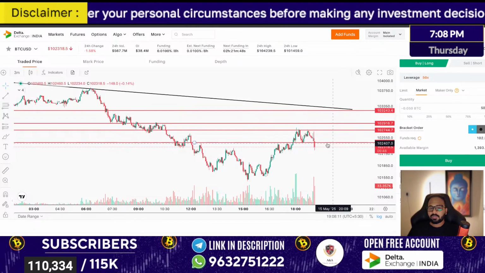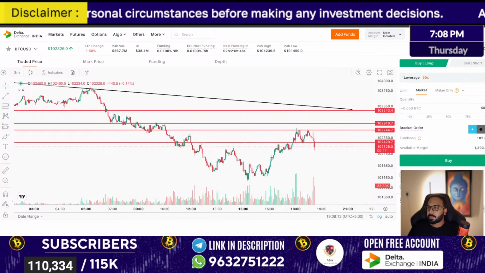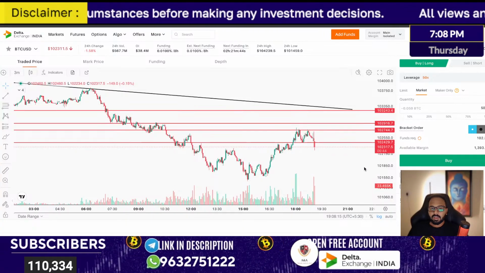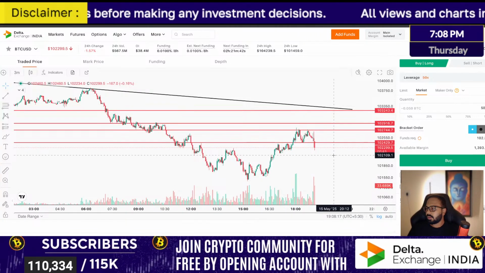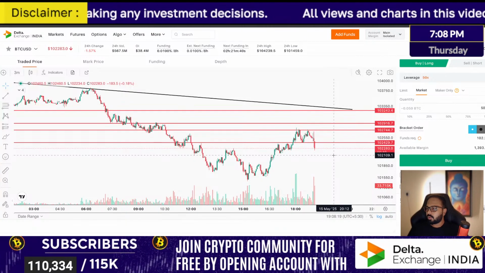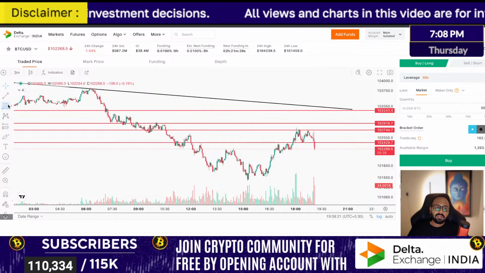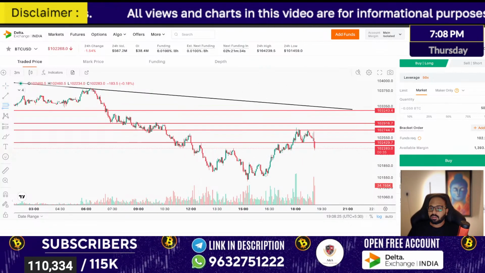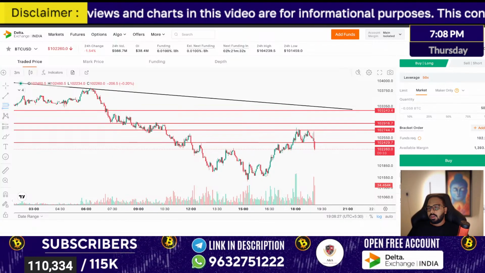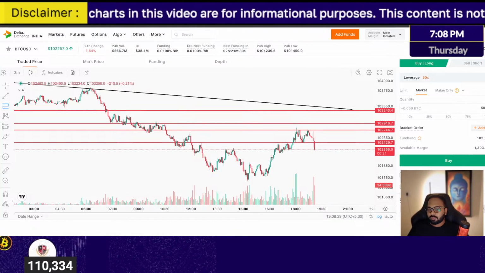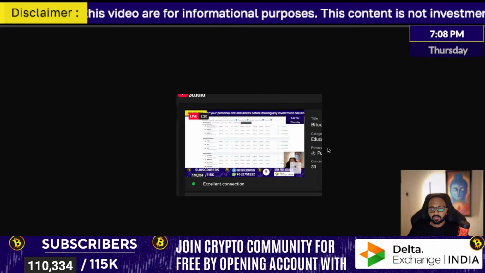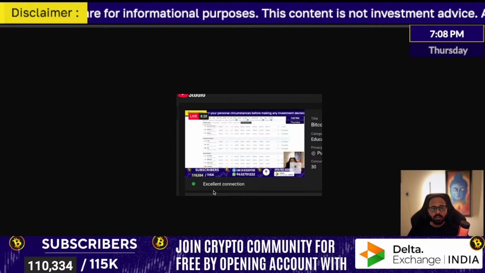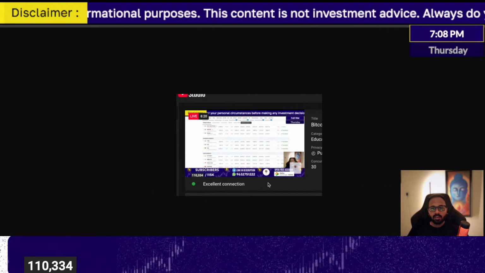Ravi Teja, welcome to the live stream, sir. Yesterday and today the landscape mode got some issue. For me, you see here, landscape mode. What is it saying? It's saying excellent connection.